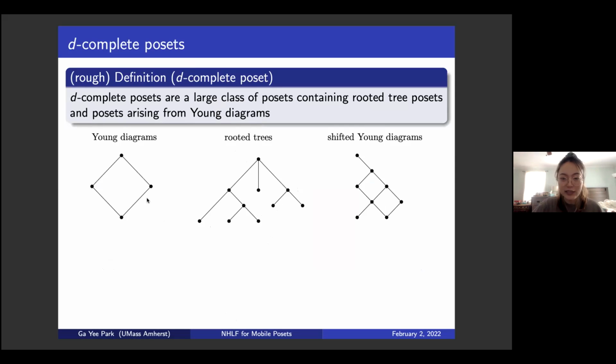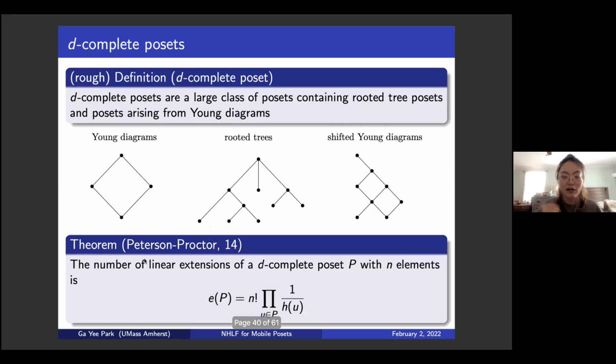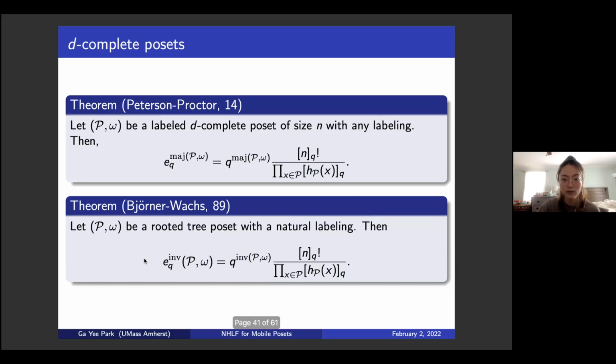So they behave really nicely, and what I mean by that is that they all have this nice product formula. Peterson and Proctor have shown that these D-complete posets all actually have this very nice product formula. So we can count the number of linear extensions of these very nicely. We can also count the major index and the inversion indices of this for any labeling, a very strong statement.